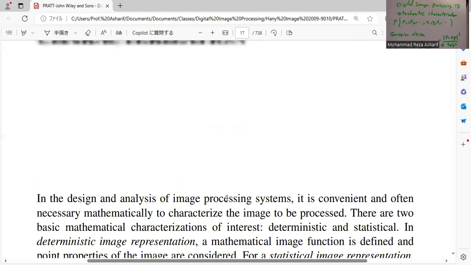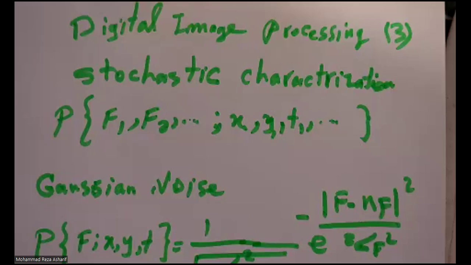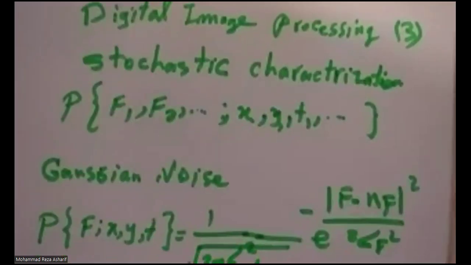Image reference, and then this is the continuous image mathematical characterization. For your reference, I will try to stop sharing here and write for you again the necessary points that I explain in this lecture.